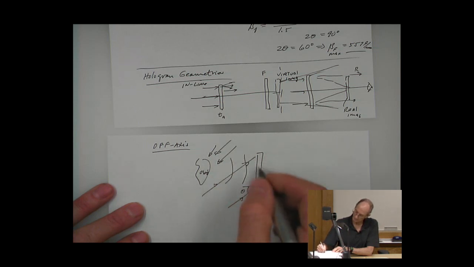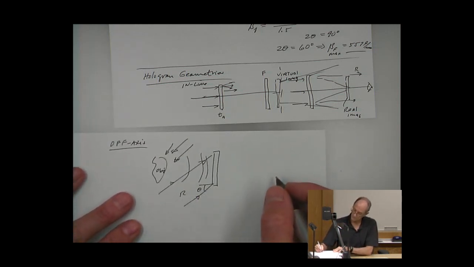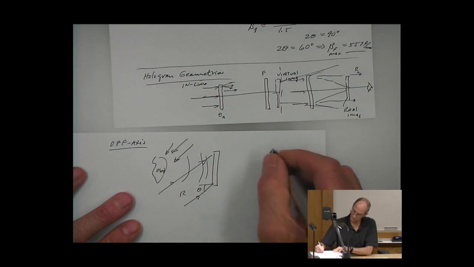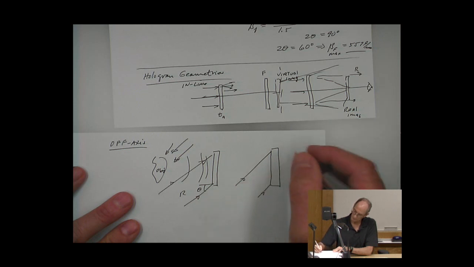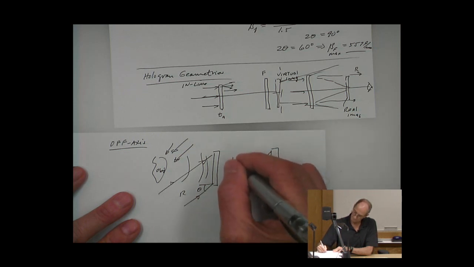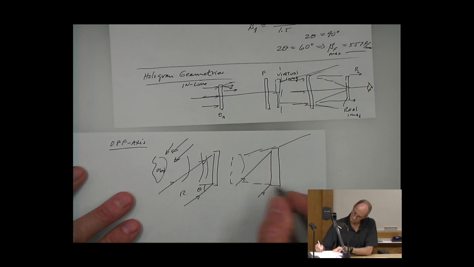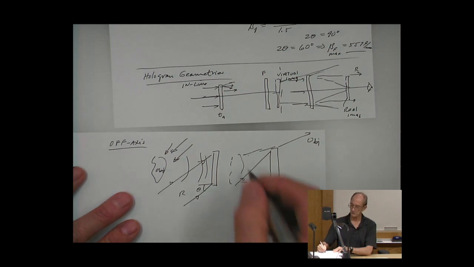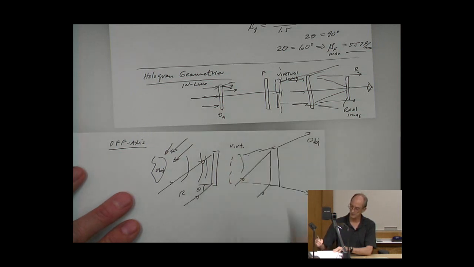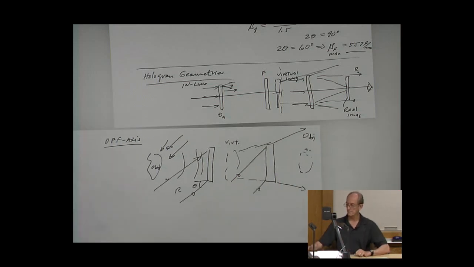And so we'll get an object wave recorded with that reference wave, and then for the reconstruction, if we just use the same original reference field, we would get the object field giving us this virtual object like so, and there may actually be a kind of a messed up real image out here.